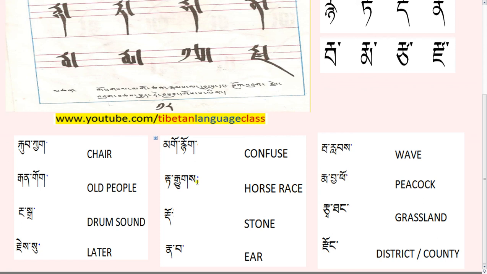Ta, ra tapta ta by itself means horse. Ra gapta ga, yata gya, gyuk. Gyuk meaning race. So ta gyuk meaning horse race.